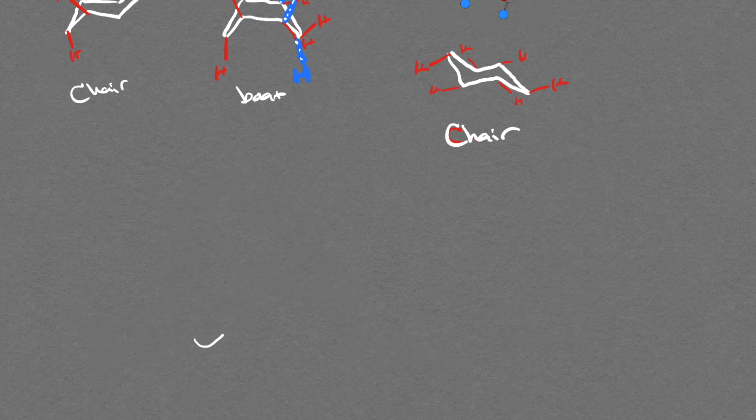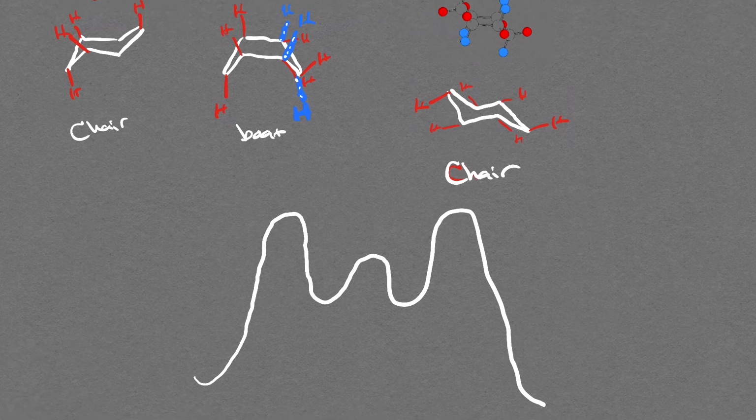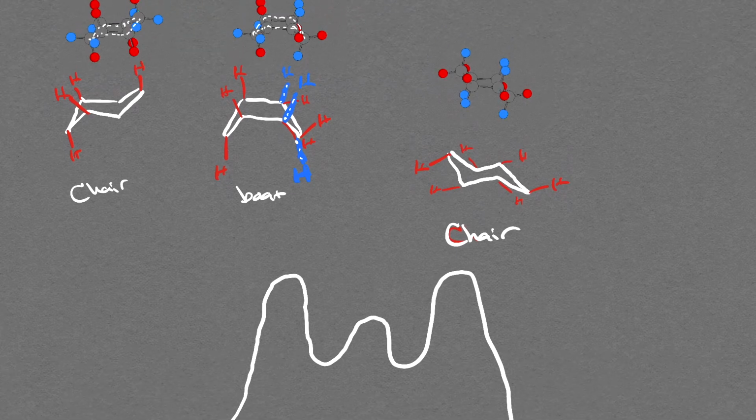All right. Where you do start out with a chair, and then you have some sort of high energy transition state, and then it goes through some sort of periodic structure. So the boat configuration actually ends up being here in the middle.